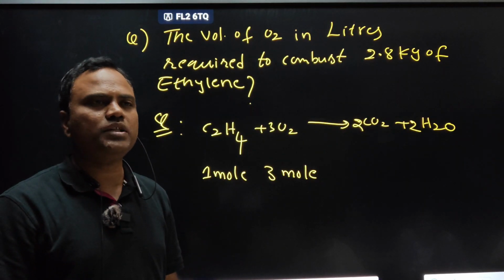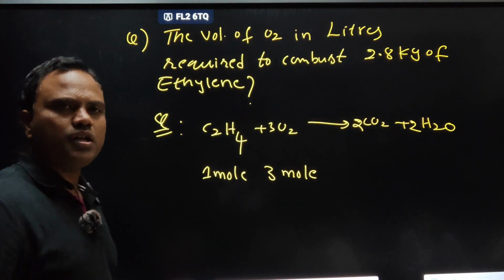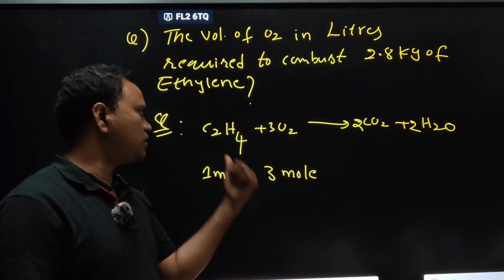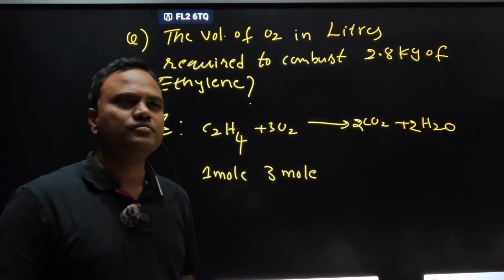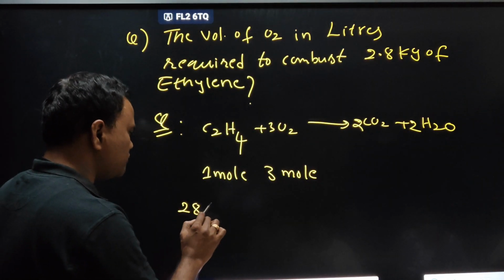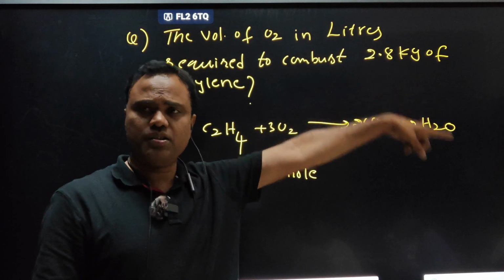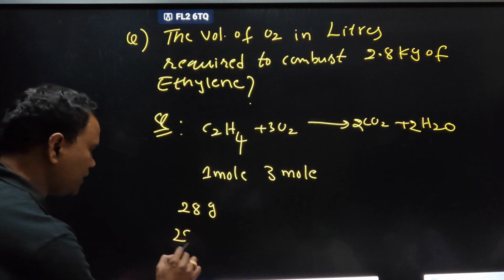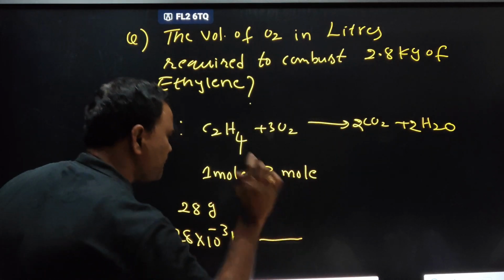Weight of 1 mole of ethylene: carbon 12 plus 12 is 24, and 4 makes 28. 28 grams. Gram molecular weight means grams only. But the data is in kg, so convert it into kg: 28 into 10 to the power of minus 3 kg.